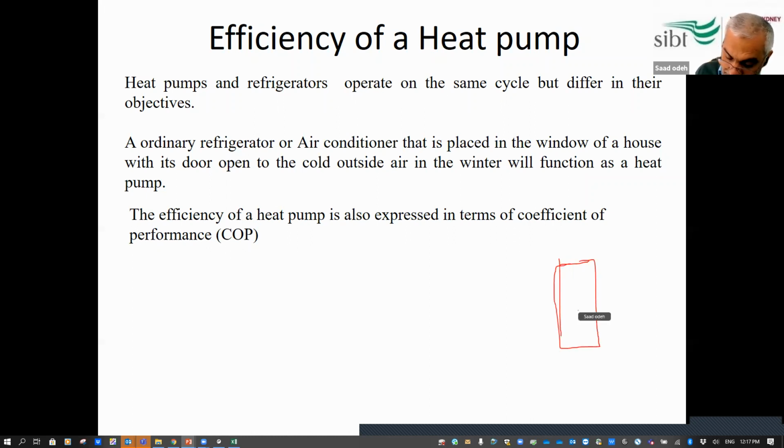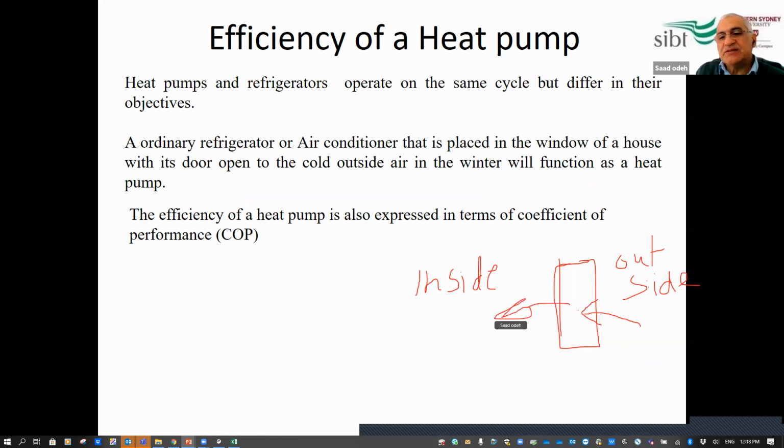This is of course the space inside the house, and this is outside. Okay, so we are taking heat from outside and pumping it to inside. It looks weird, right?